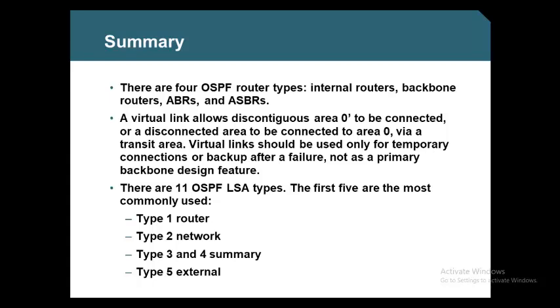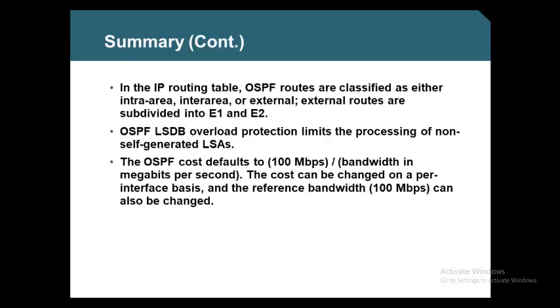And then we saw how to protect from overload of LSA. And then we also saw, when we have different bandwidth links, 100 meg, 1000 meg, 10,000 meg links, we need to change that classical formula in OSPF which calculates automatic cost.